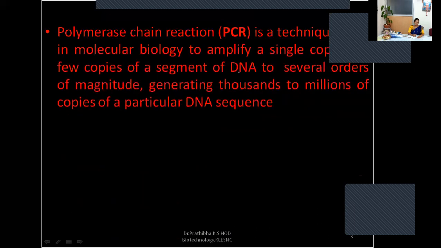Okay, PCR is a technique in molecular biology to amplify a single or a few copies of a segment of DNA to several orders of magnitude, generating thousands to millions of copies of a particular DNA sequence. It means by using this particular PCR machine, we can obtain thousands to millions of copies of a particular DNA.